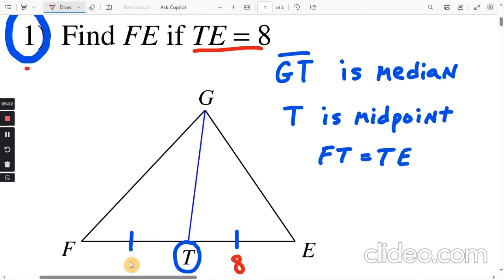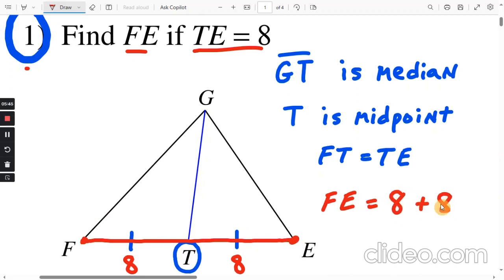And since these are congruent, that means FT is also going to be 8. All right, they asked us to find FE. That's all the way from here to here. So FE is just going to equal 8 plus 8, which of course is 16. Alternatively, you can just do 8 times 2.